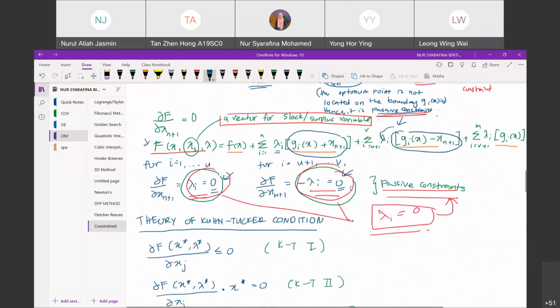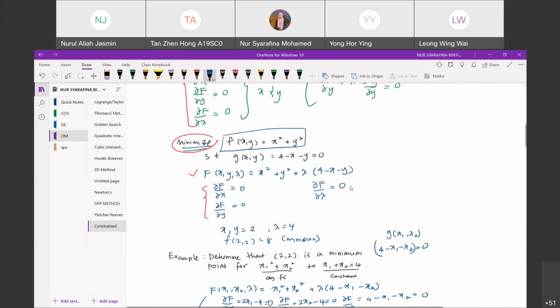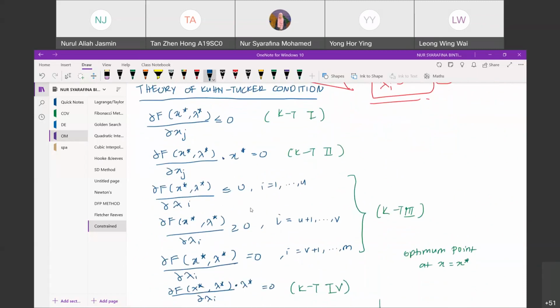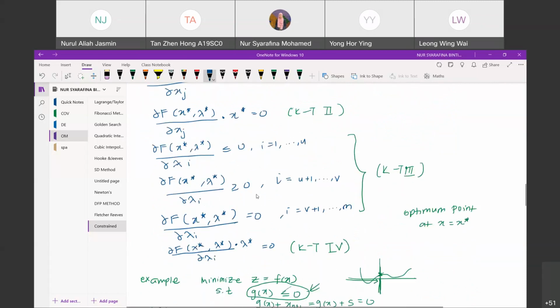In Lagrange multiplier for equality constraint, we can just differentiate del F del X, del F del Y, del F del lambda equals to 0 because this is equality. But by looking at the Kuhn-Tucker condition, we cannot find del F del lambda 1, del F del lambda 2 equals to 0, because we have to consider conditions that we need to implement in the given problem. So what should we do?